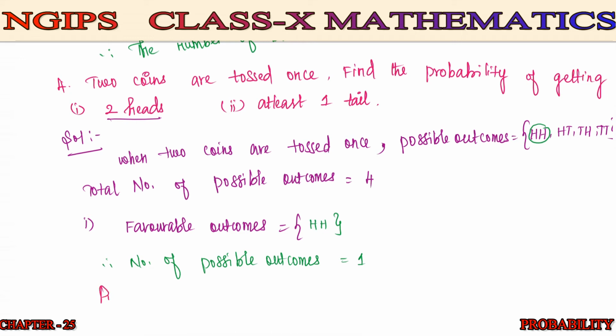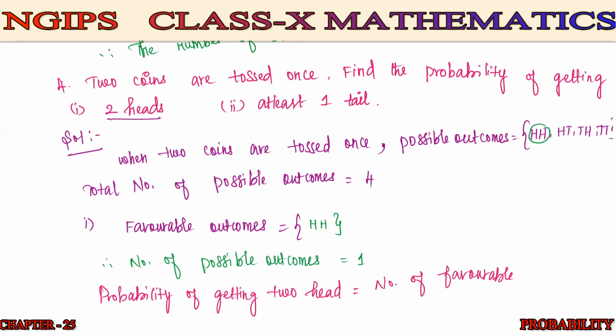Probability of getting 2 heads is equal to number of favorable outcomes divided by total number of possible outcomes.